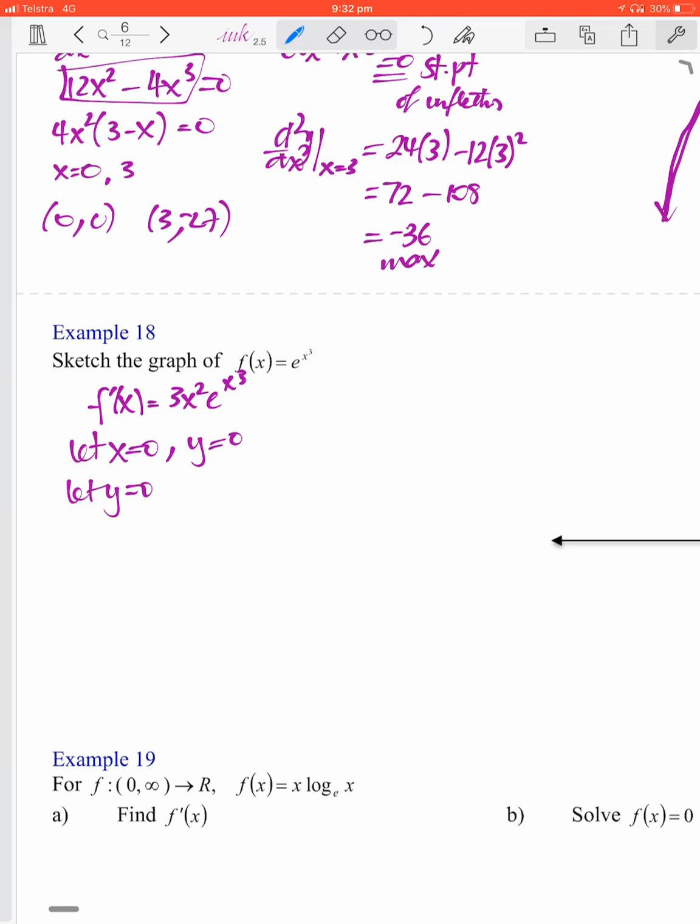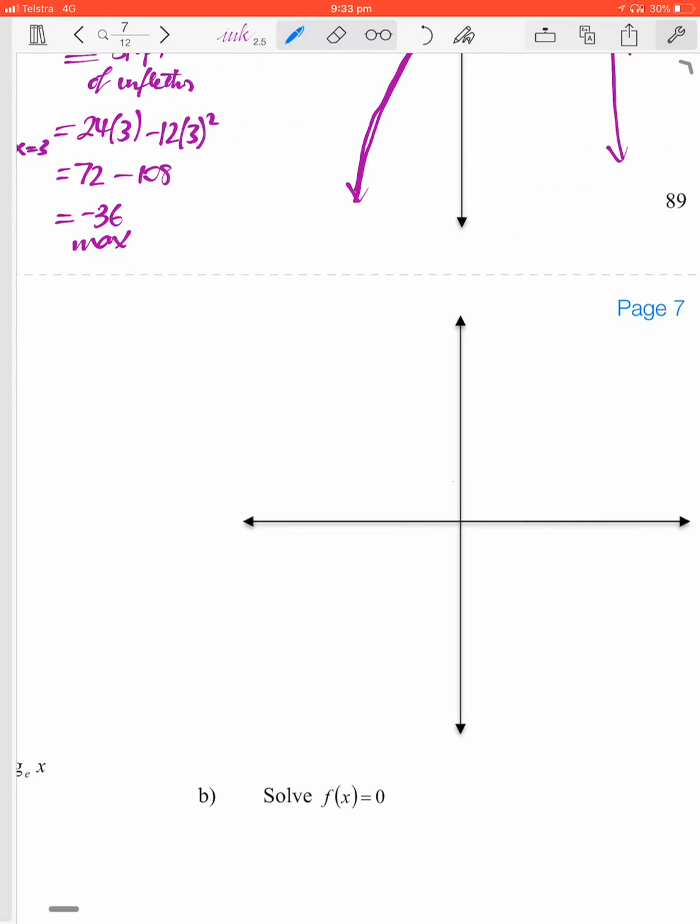Sorry, I did the derivative before I should have. So if we let x equals 0, f of 0 is e to the 0, which is 1. So we know it goes through the point 0, 1.